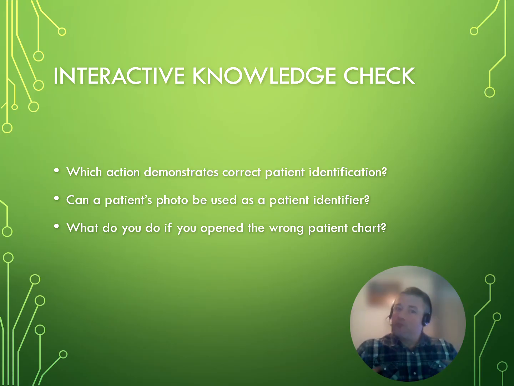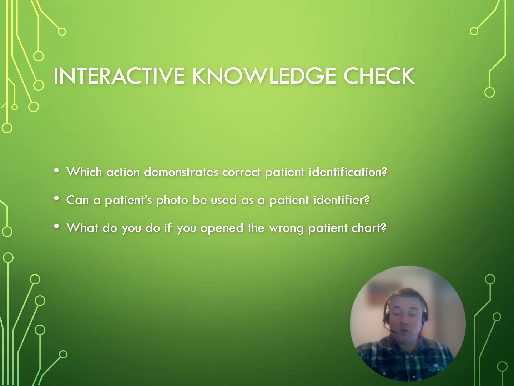So this quick knowledge check is going to allow us to apply these patient identifying concepts in a realistic clinical scenario. So we can review, then talk about the answers carefully with each other. We can determine which of these nursing actions demonstrates the correct use of patient identifiers before accessing the EHR.